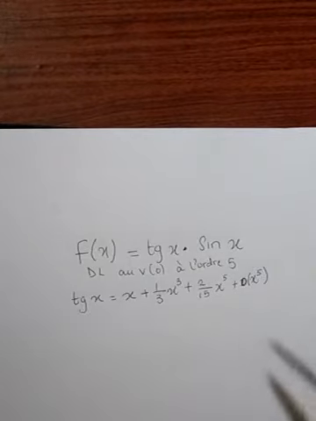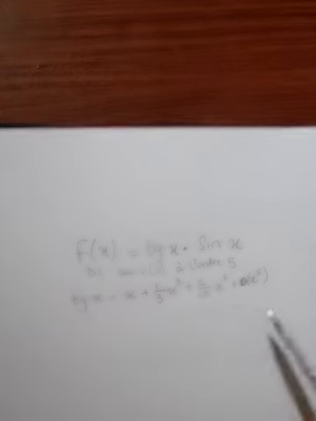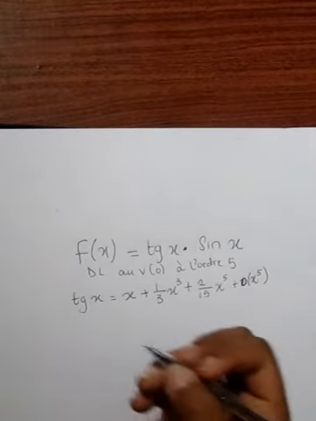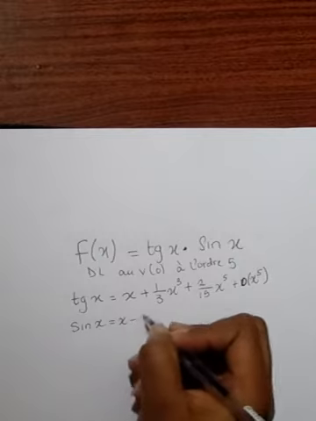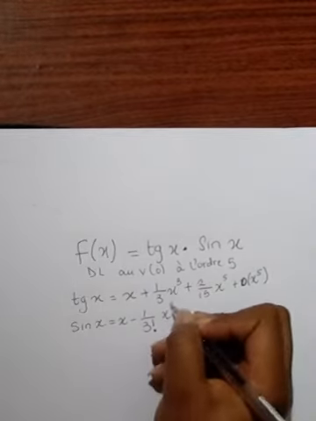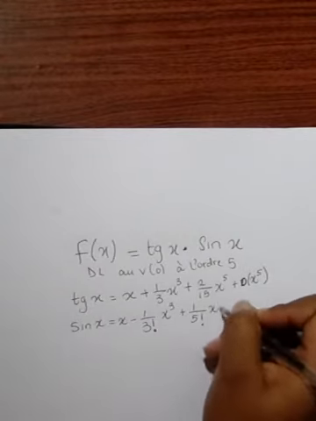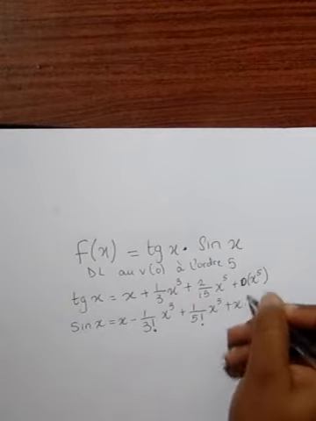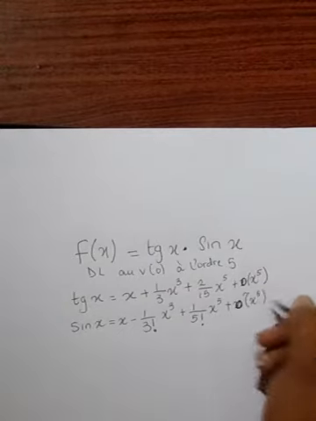This is to the order of 5. So this is the DL of tangent x to the order of 5, and the DL of sinus x to the order of 5 will be x minus 1 over 3 factorial x raised to the power of 3 plus 1 over 5 factorial x raised to the power of 5 plus petit o de x raised to the power of 5.